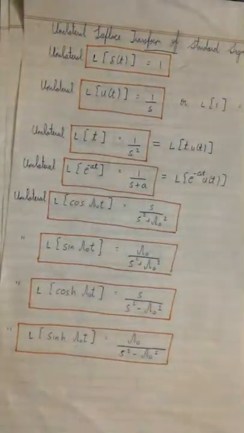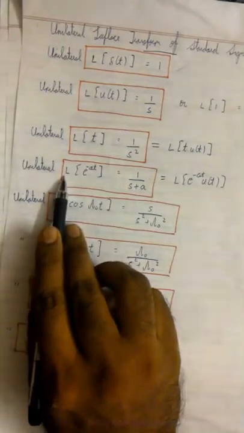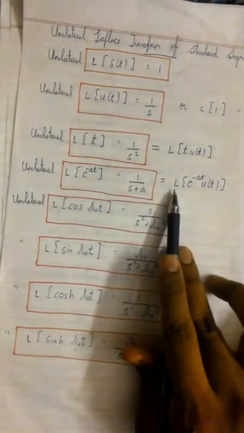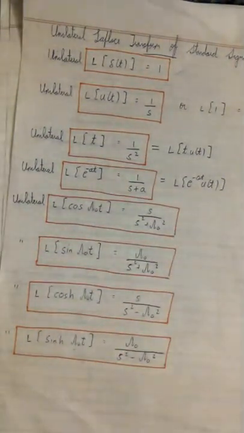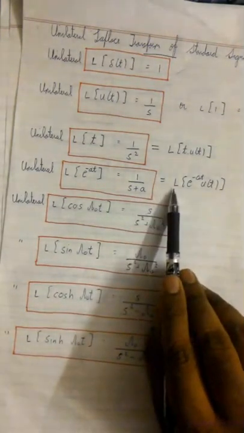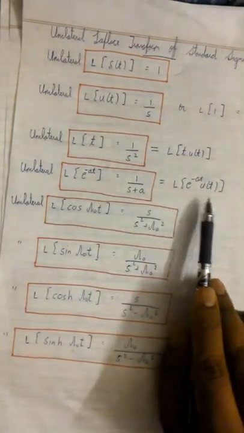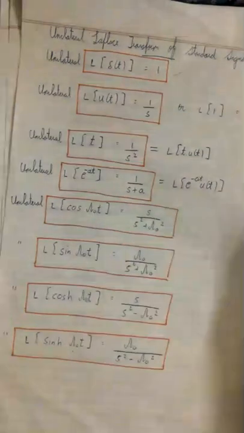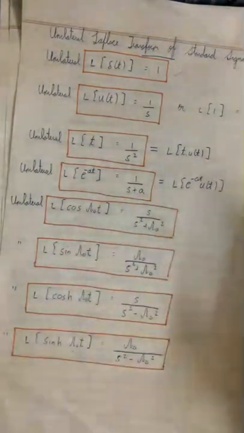You see, this L represents unilateral Laplace transform, whereas this L represents normal Laplace transform. So in case of normal Laplace transform, you have to multiply that given signal with u of t in order to make it unilateral, or in order to make it a causal signal.